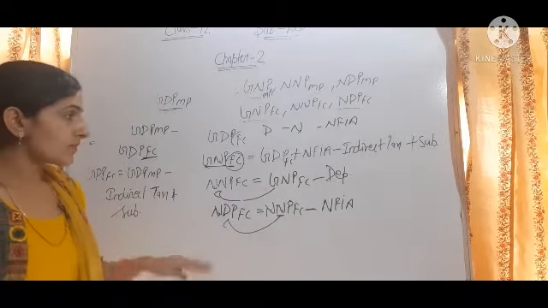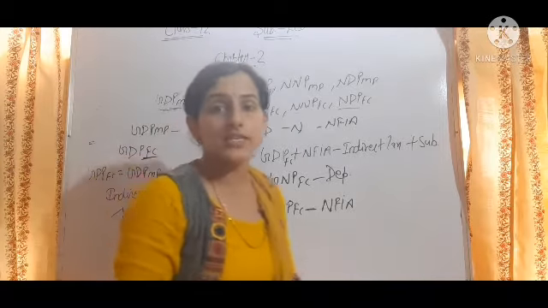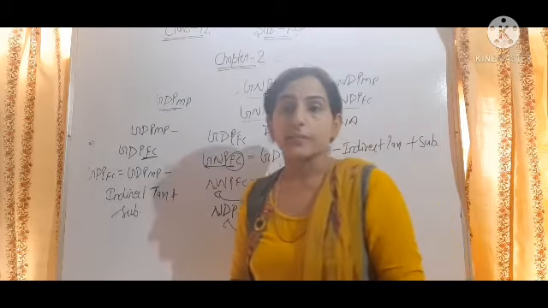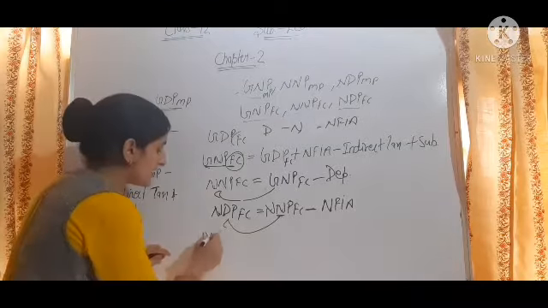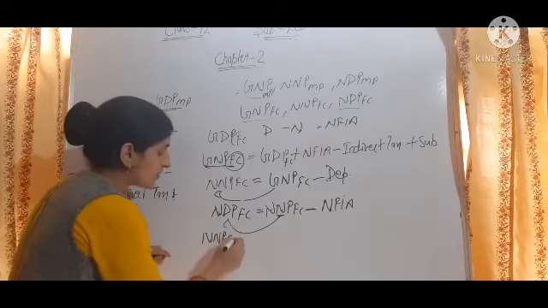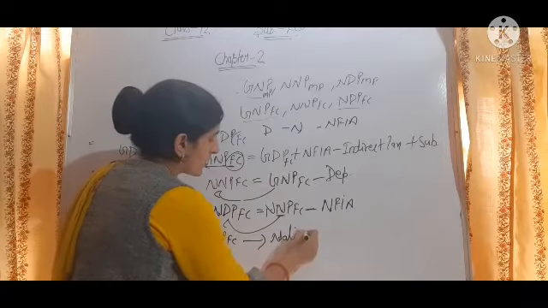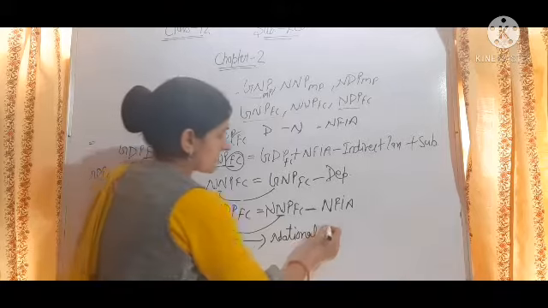Okay. So students, we have discussed how to make GNP, NNP, and NDP at market price and factor cost. Finally, NNP at FC is also called national income. Why? Because it is calculated at factor cost.